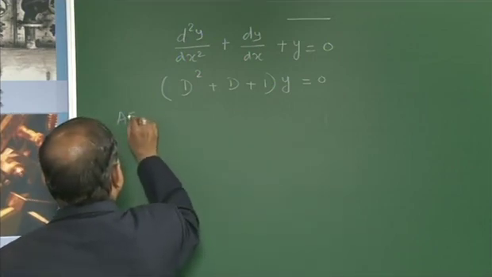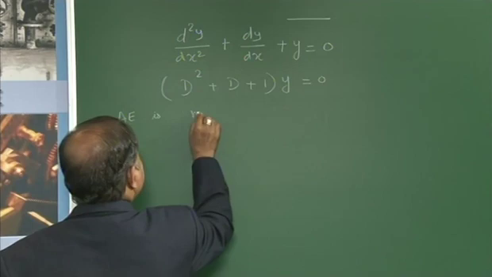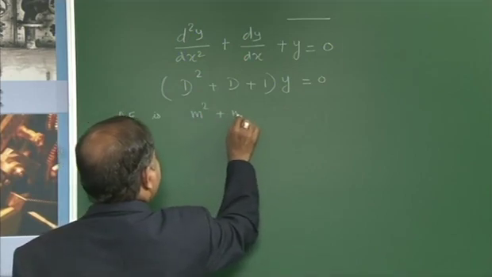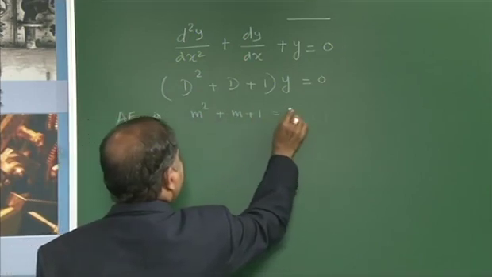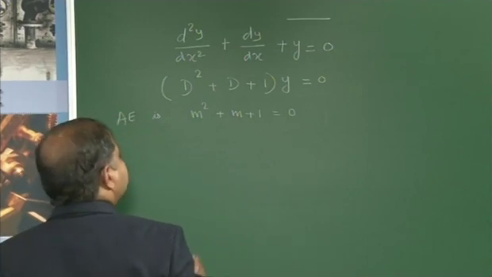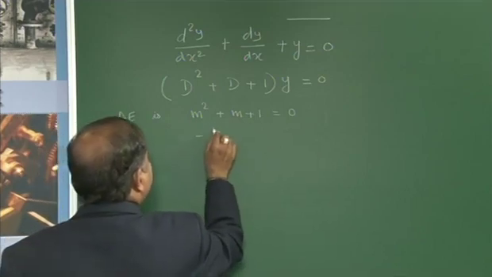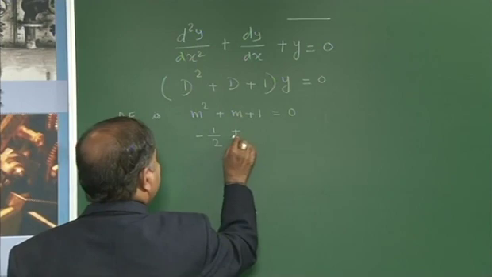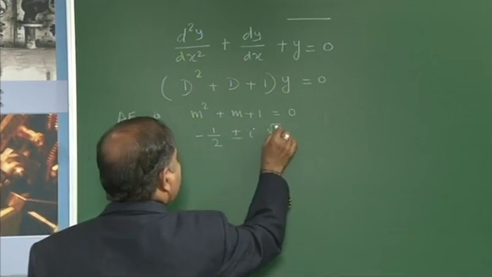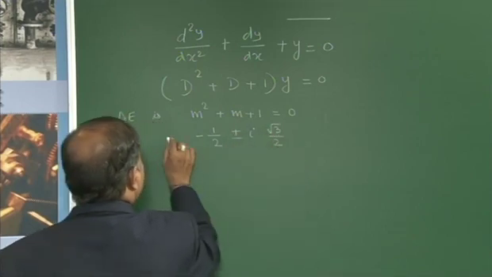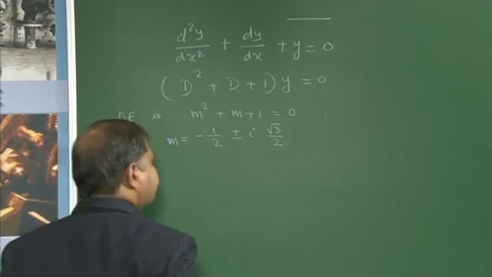AE, the auxiliary equation, is m square plus m plus 1 is equal to 0. Use calculators, you will find the roots minus 1 by 2 plus or minus i root 3 by 2. These will be the values for m.